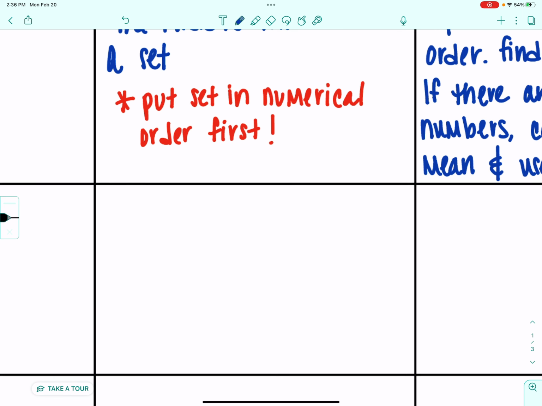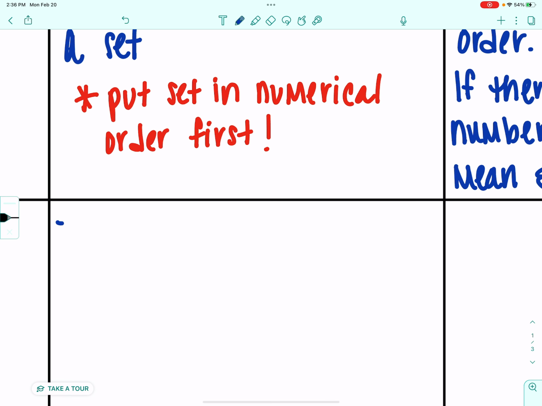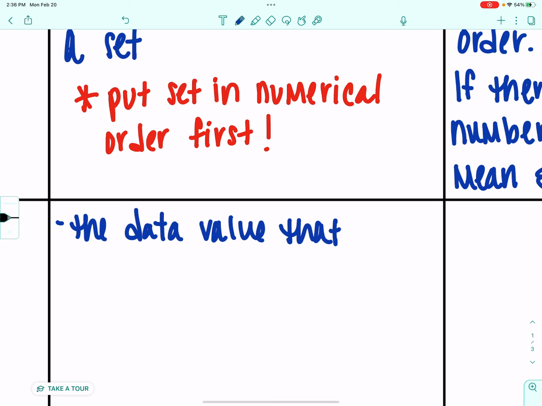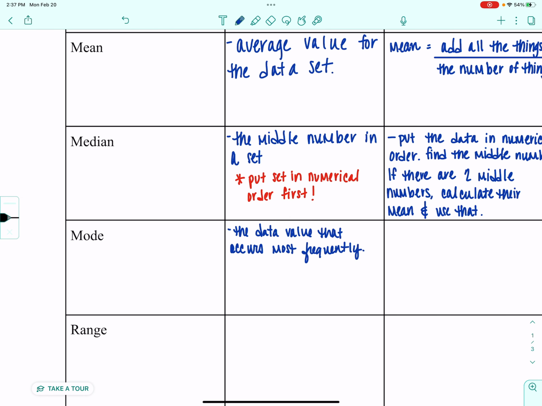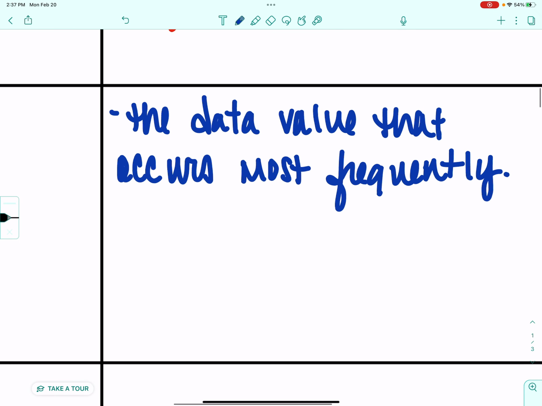The mode is the data value that occurs most frequently. You could have one mode. You could have two modes.